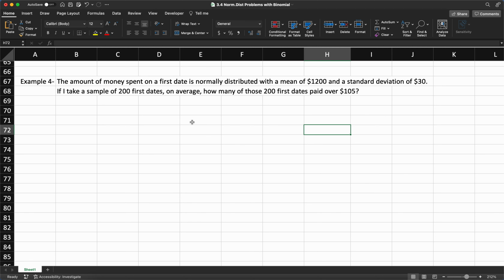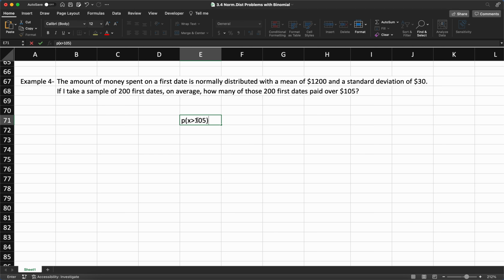All right. So first, we want to know on average how many of these dates paid over a certain amount. And so we need to know the probability of paying over $105.